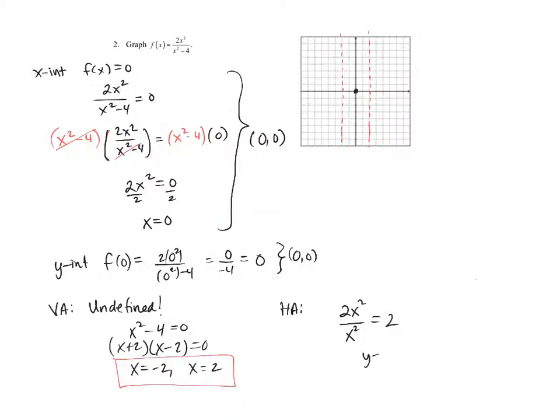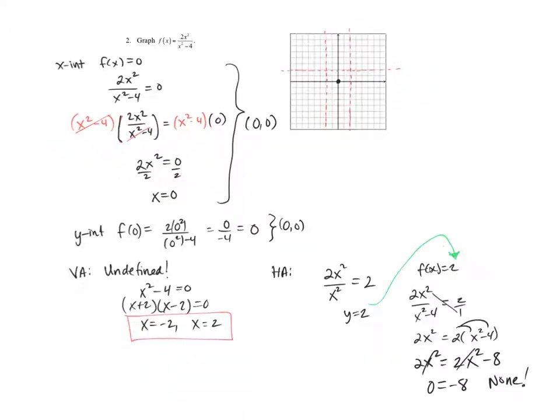So y equals 2 is our horizontal asymptote. Okay, now we need to do our touch points. Go ahead and pause and figure those out for yourself. All right, so we end up not having any touch points.